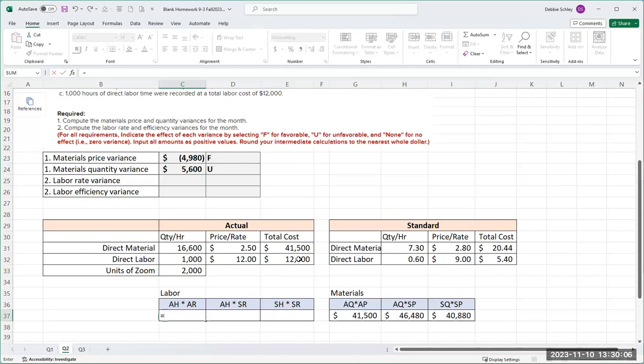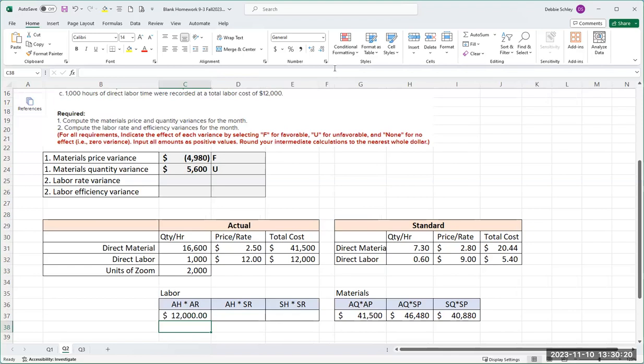They actually told me that we paid a labor cost of $12,000, so I can just put that total right there.